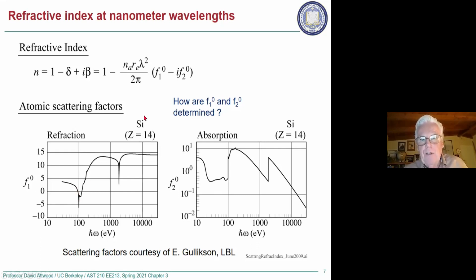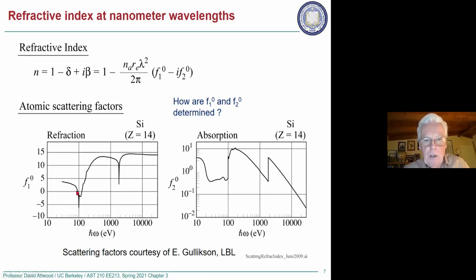And I saved it for here because here it's pretty clear what happens. When it goes negative, the refractive index becomes more than 1. So in the EUV, in the X-ray region, it doesn't happen. Okay, X-rays are always going to have refractive index which is 1 minus something. But in the EUV, there are little variations here where you can cross over.